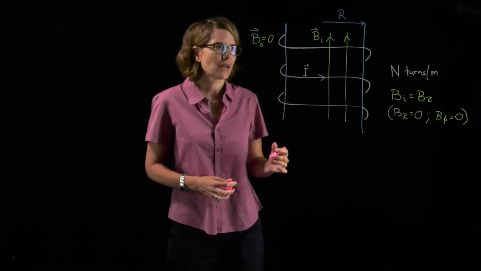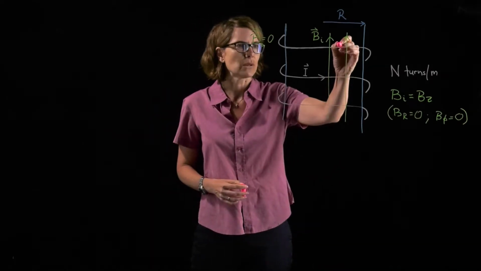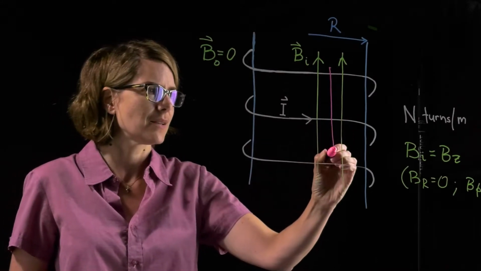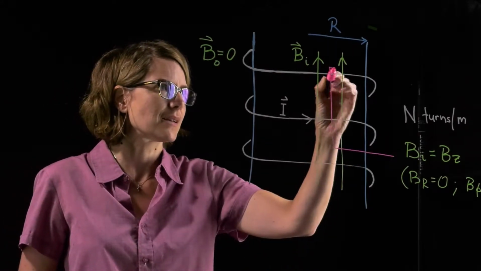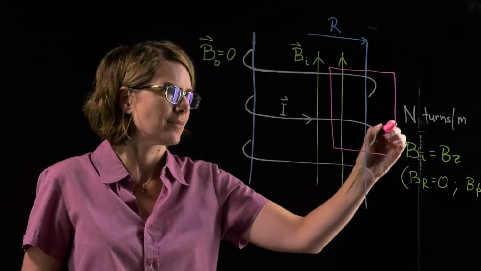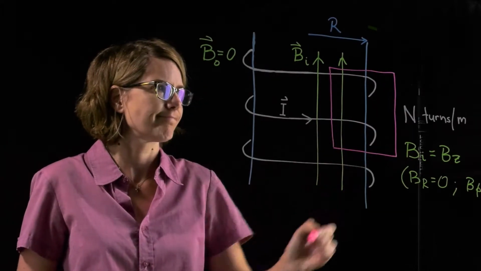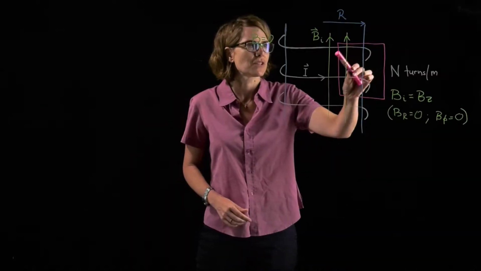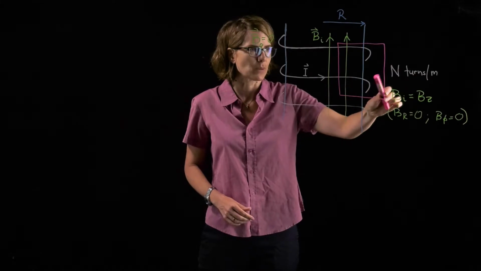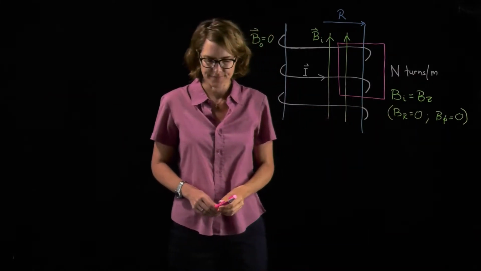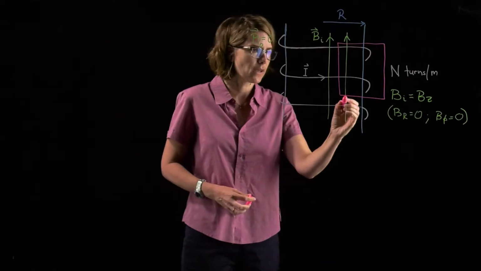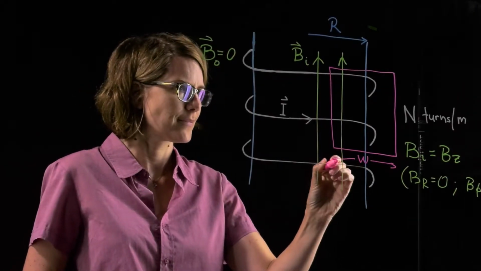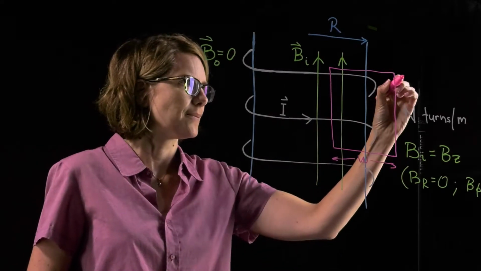So we will put our loop here, inside and outside. And you can see the surface that it describes as well. We will give it dimensions W and L.